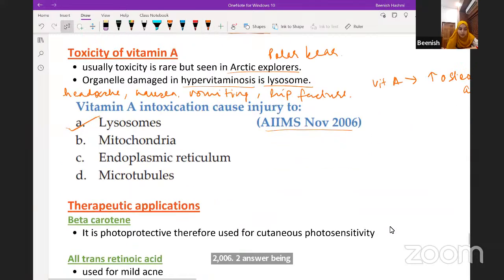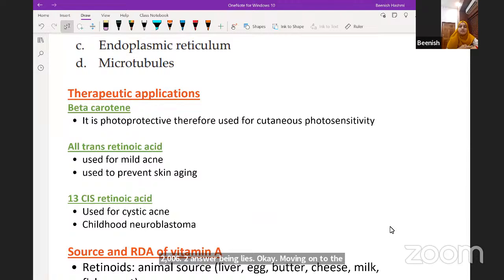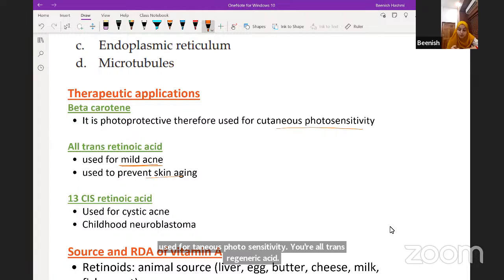Moving on to the therapeutic applications of vitamin A, beta carotene, as we've already discussed, is an antioxidant. It also has a photoprotective function, therefore it is used for cutaneous photosensitivity. All trans retinoic acid is used for mild acne and to prevent skin aging.